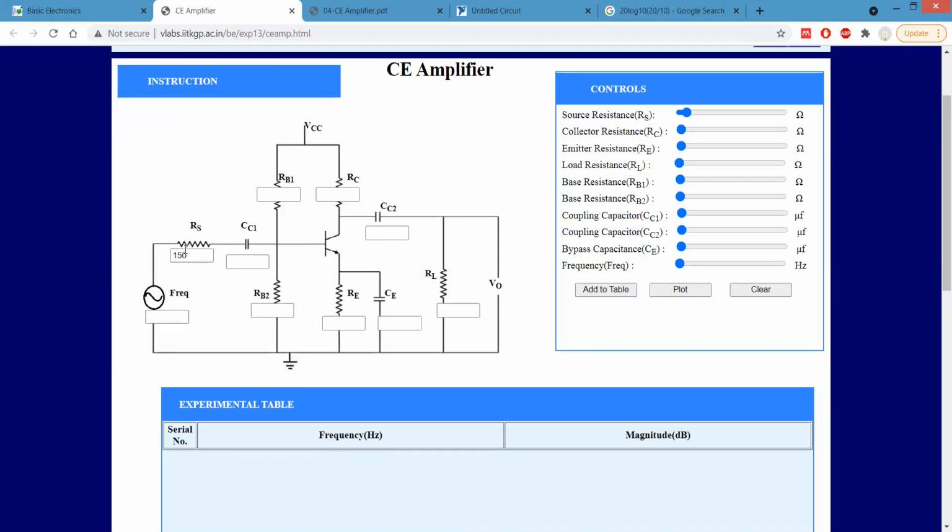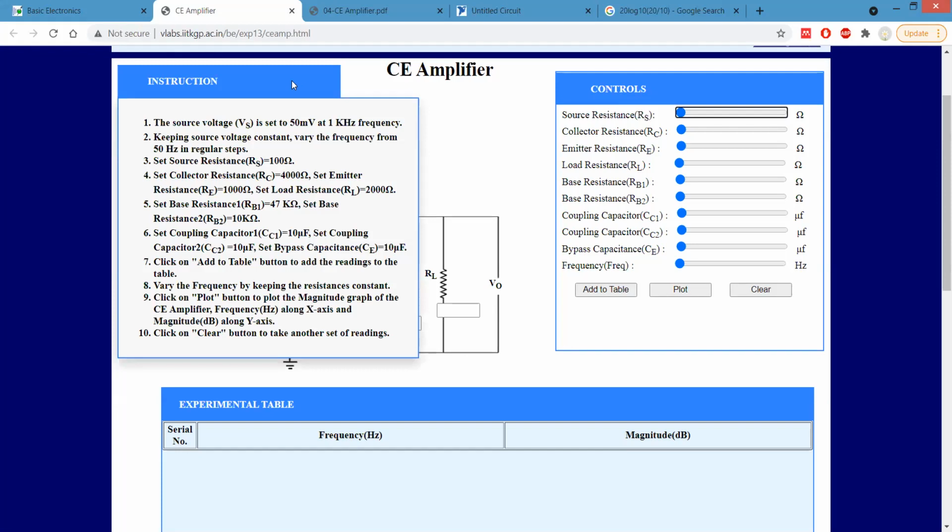Okay, it is 100 ohm. Then RC should be 4 kilo ohm, the emitter resistance should be 1 kilo ohm, and the load should be 2 kilo ohm.